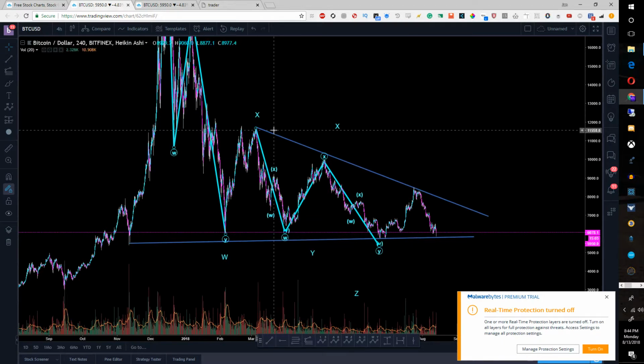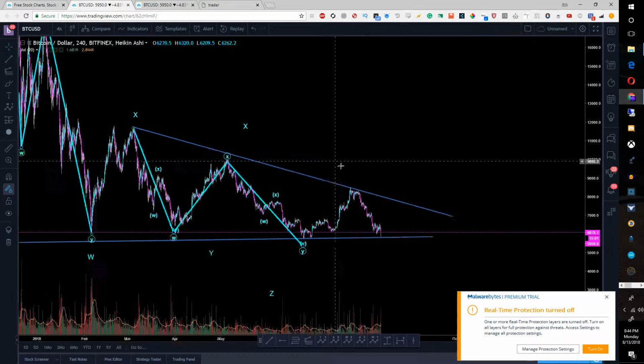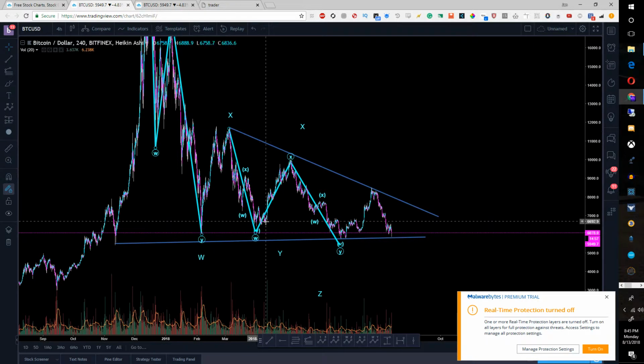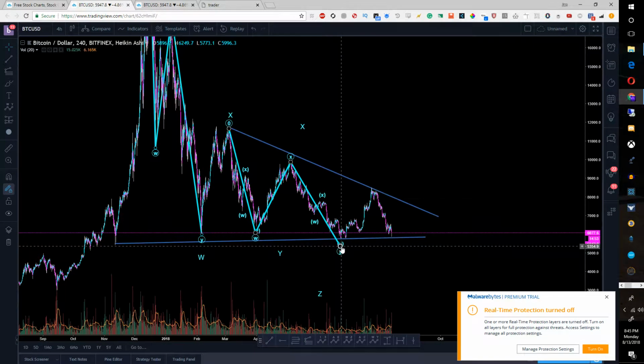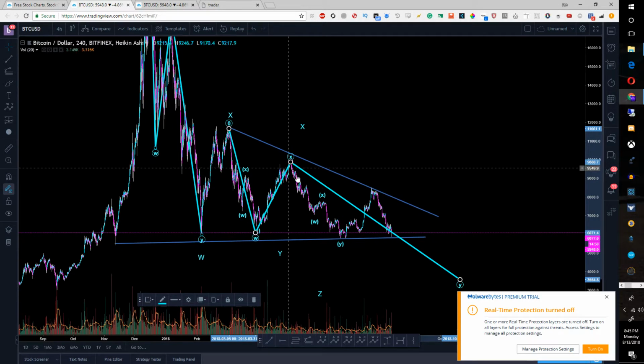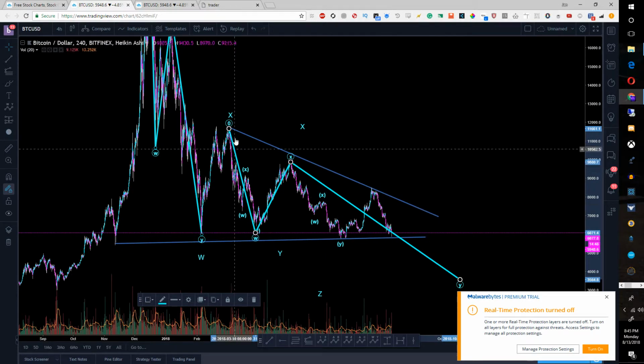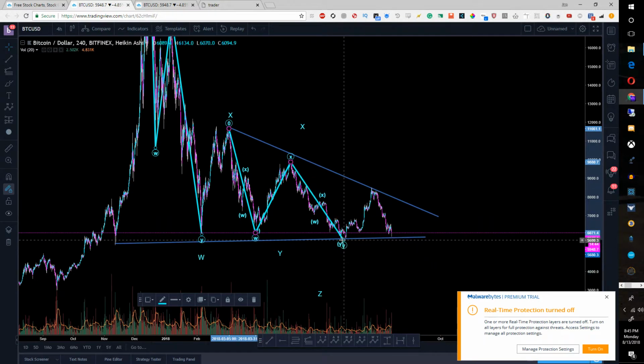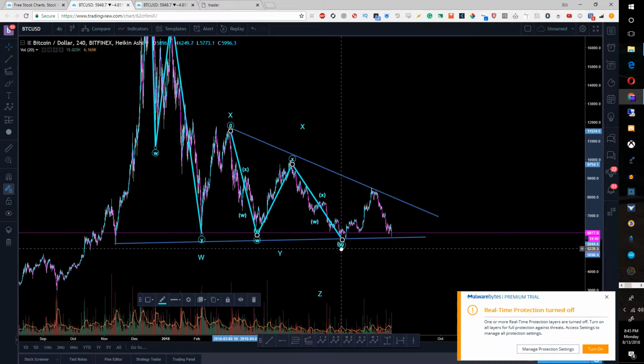So that's what I see there, another zigzag structure, and then right here another alternation, because we can't just make this into one big Y wave like WXY, because that'd be ridiculous in comparison to this W wave right here. So it's just kind of knowing what looks right. What looks right is usually right.